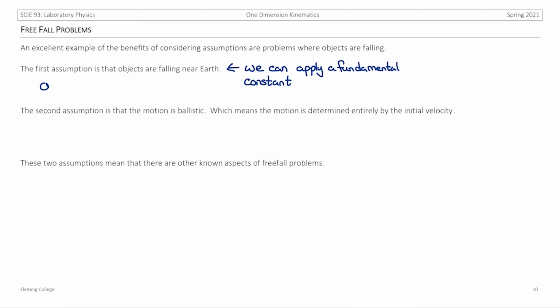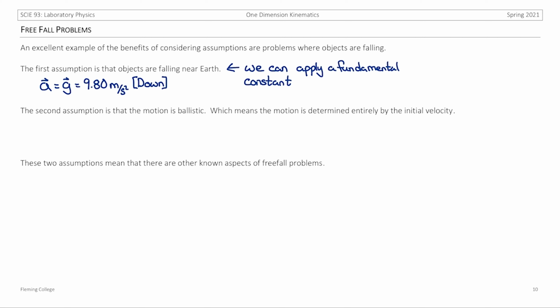When an object is falling near Earth, that means we can assume an acceleration that is equal to this value g with an arrow on top, which is defined as the acceleration due to gravity. And that value for all objects in the absence of air resistance is equal to 9.80 meters per second squared down.